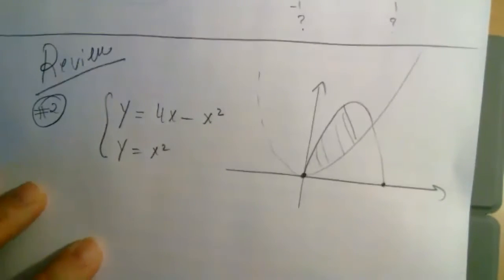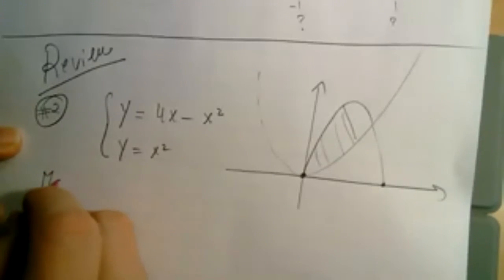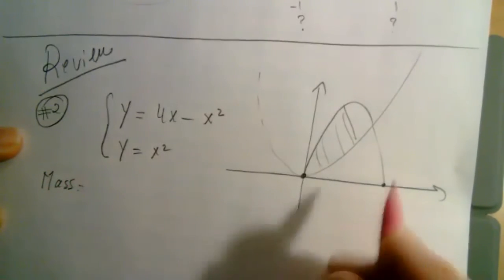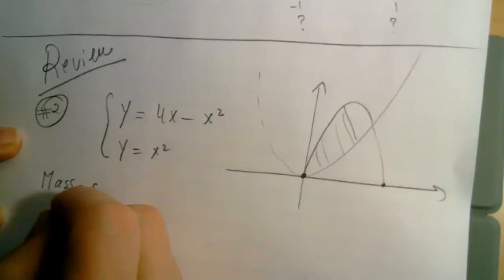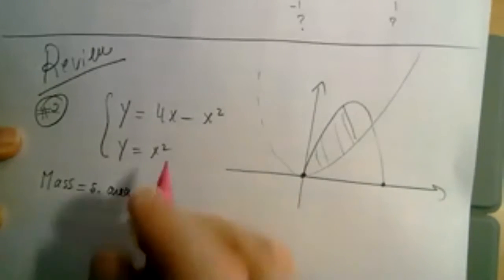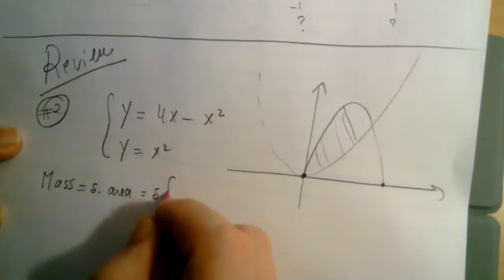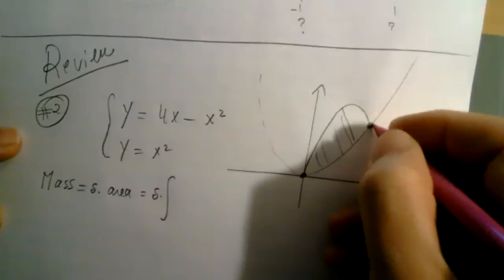To be able to find the center of mass, I need 3 items. I need the mass itself, which is the density, which is constant, times the area. To find the area, I need this point and that point.